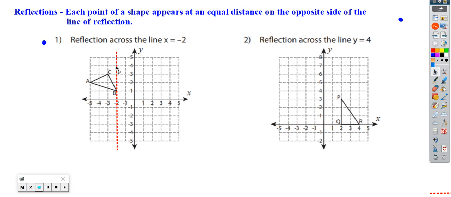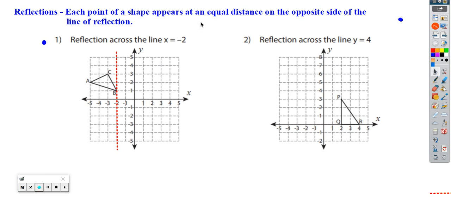What I need to do in order to reflect this triangle ABC is make sure each point is an equal distance on the opposite side of the line of reflection. So I'm going to look at point A right here. I see that point A is 1, 2, 3 units away from my line of reflection.